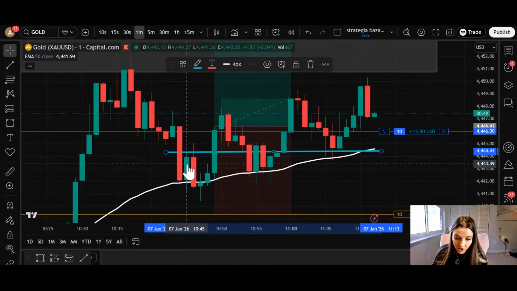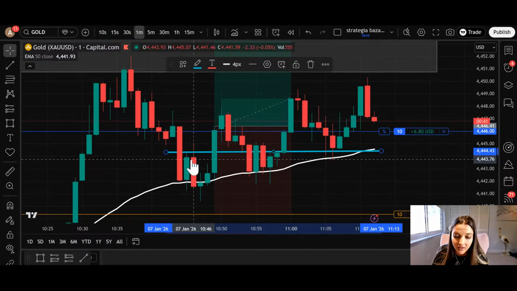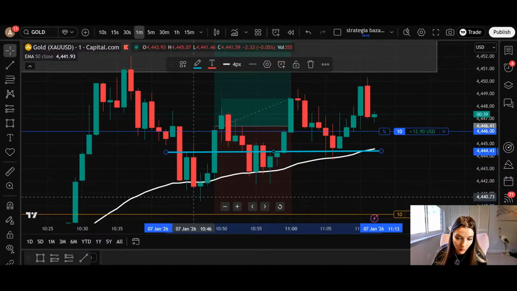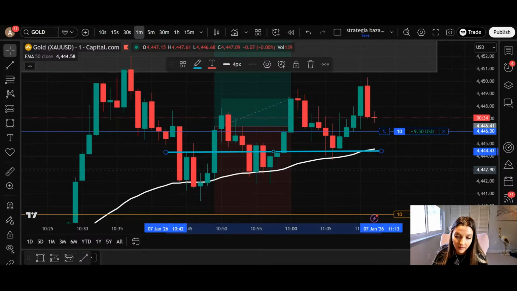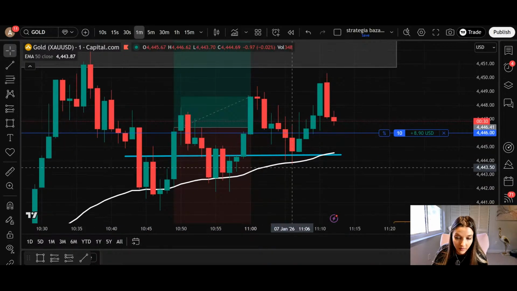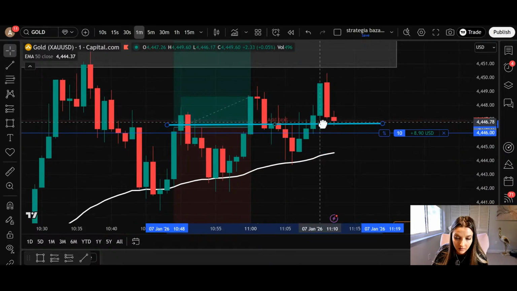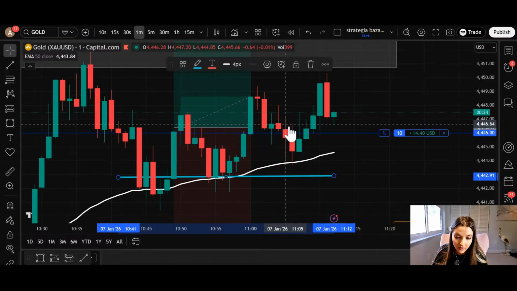This is a rejection with 60-70% probability, because it's 1, 2, 3, and the fourth one did break it. This one right here is a better probability, because you see it touch, and then the next one actually breaks.